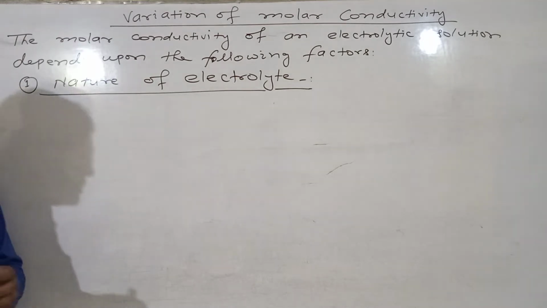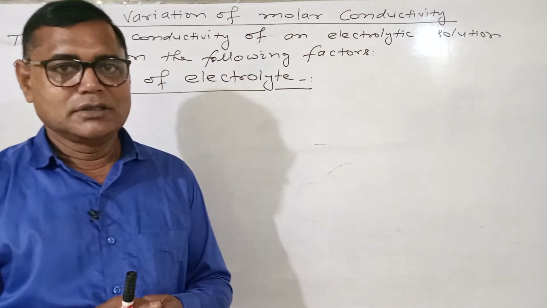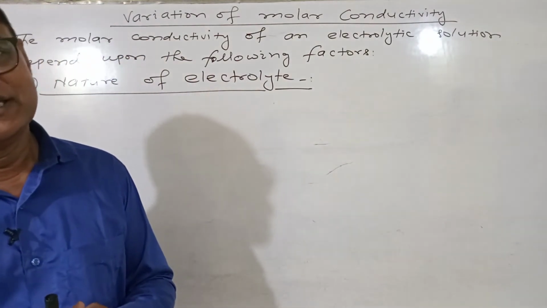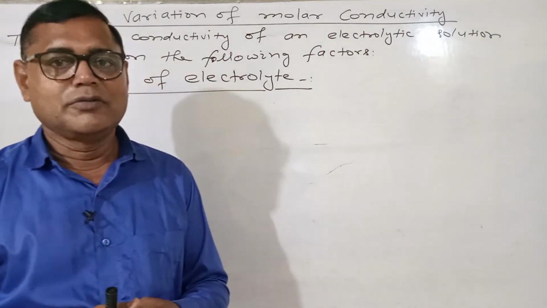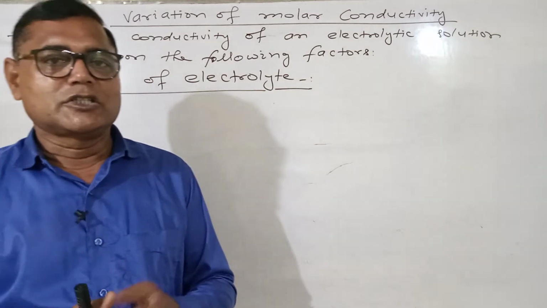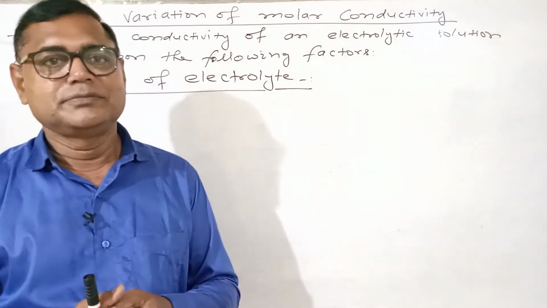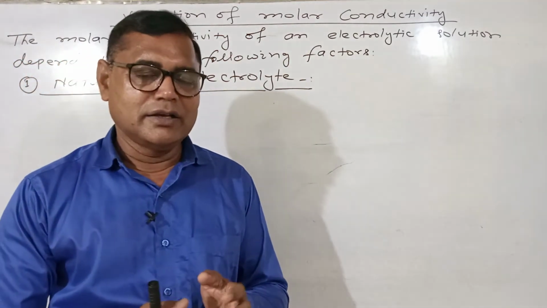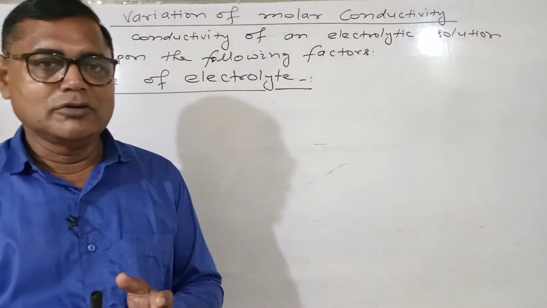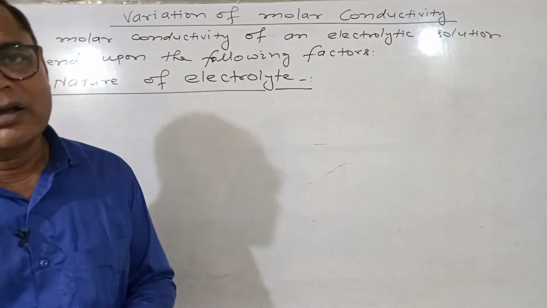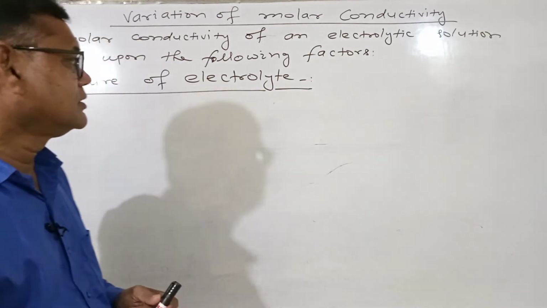We study there are two types of electrolyte: first is a strong electrolyte and second is a weak electrolyte. A strong electrolyte is completely ionized in the solution and a weak electrolyte does not completely ionize in the solution.